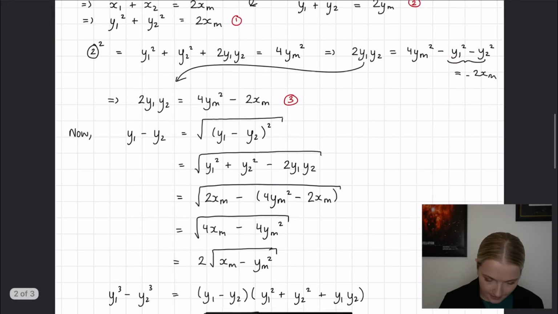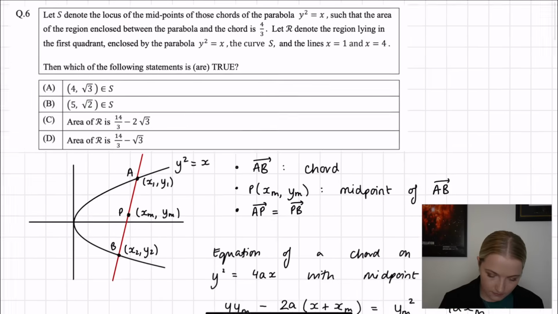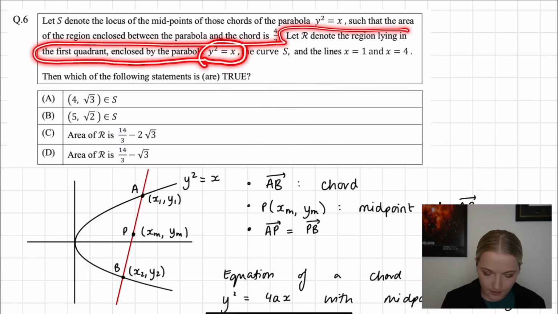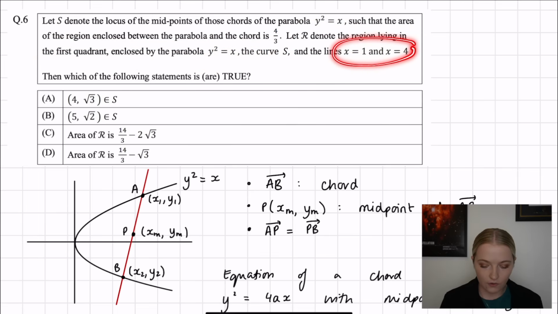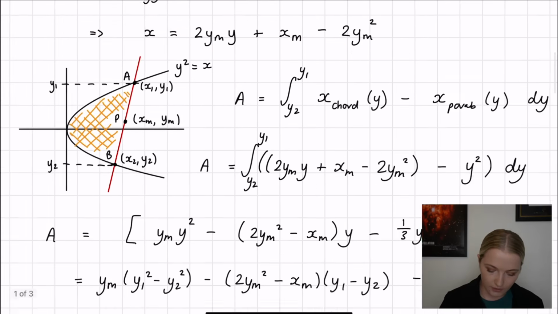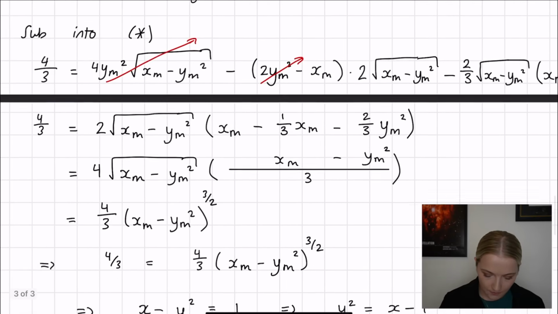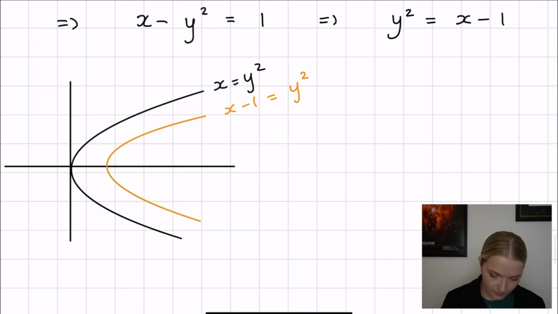And the question says, let R denote the region lying in the first quadrant enclosed by the parabola y squared, the curve S, and the lines x equals 1 and x equals 4. So we need to add the lines x equals 1 and x equals 4 into our diagram, and we need to ensure that it's just the first quadrant we're looking at for the region. So this might need a little extending.